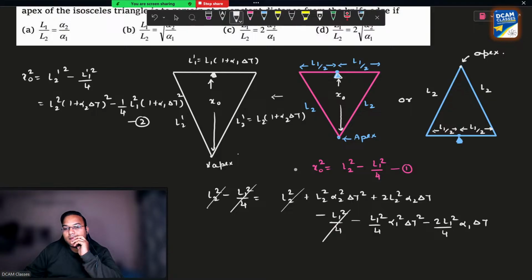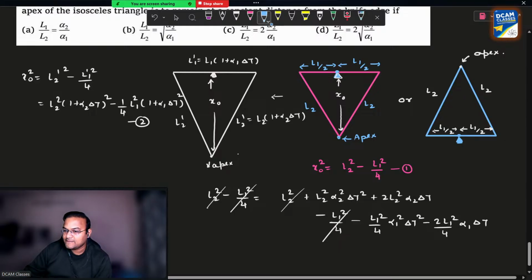No, sir, I did it as originally it will be just L2 square minus L1 square by 4, and I equated it to the length after the change in temperature. Actually, you'll get it, sir. You have to move the L1 delta t term to the right hand side, you'll get it. But I'm not getting it. See what is wrong in my equation.